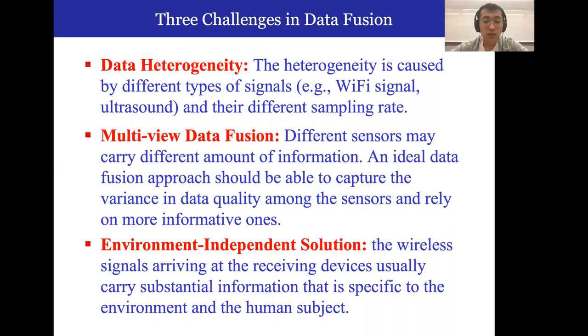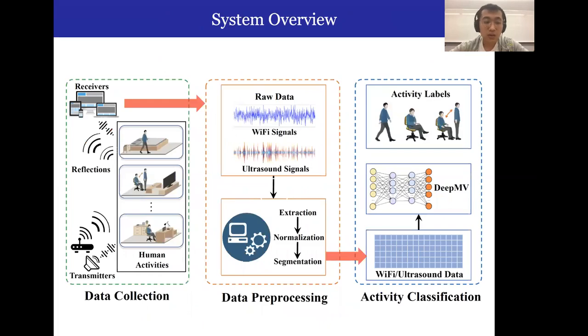Third, environment-independent recognition. The wireless signals arriving at the receiving device usually carry substantial information that is specific to the environment and the human subject. Our solution is our proposed DeepMV human activity recognition system.